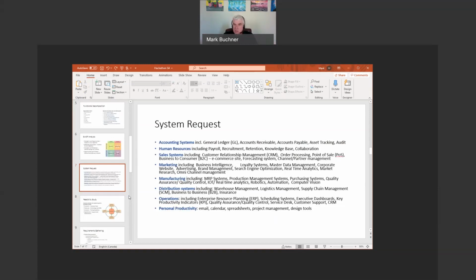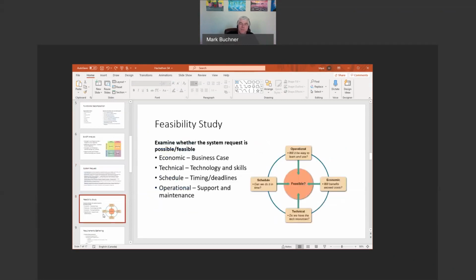Sales systems include CRM. Many of you are dealing with point of sale, B2B, B2C, forecasting, channel management, partner management, etc. When you're thinking of your final presentation, this isn't something that needs to take 2 minutes of your time. This is just something where you identify the right word that describes the type of solution you're building.